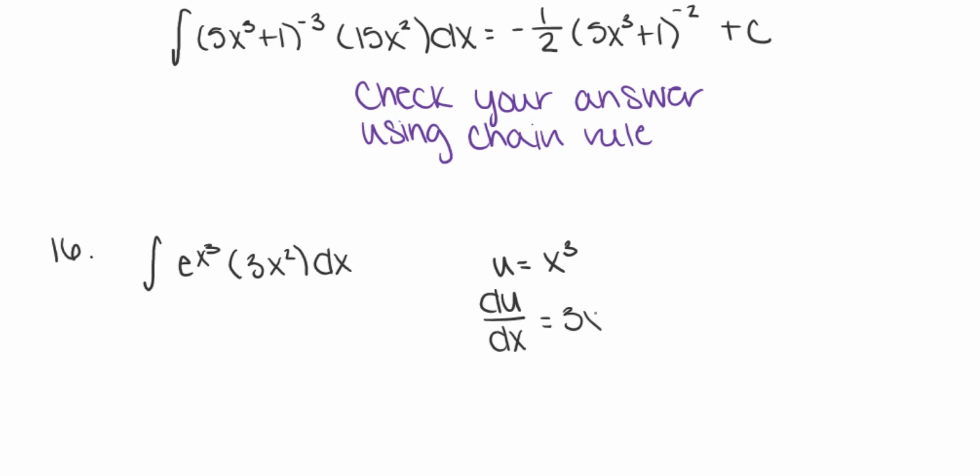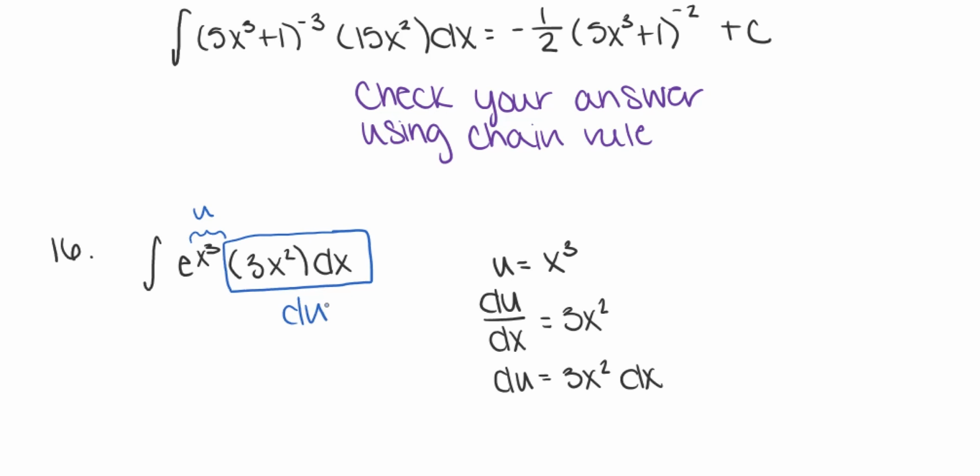So then we'll just take this derivative and we get du over dx equals 3x squared. Multiply both sides by dx and we get du equals 3x squared dx. And then same as before, this guy right here, that's our u, and then 3x squared times dx, that's our du.